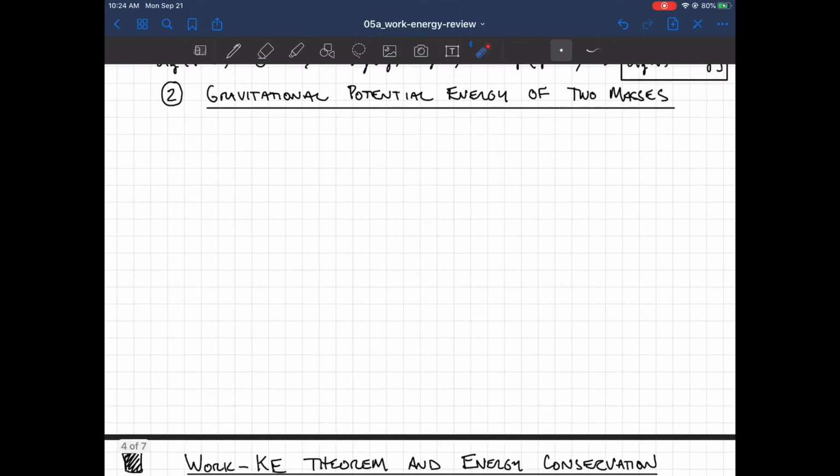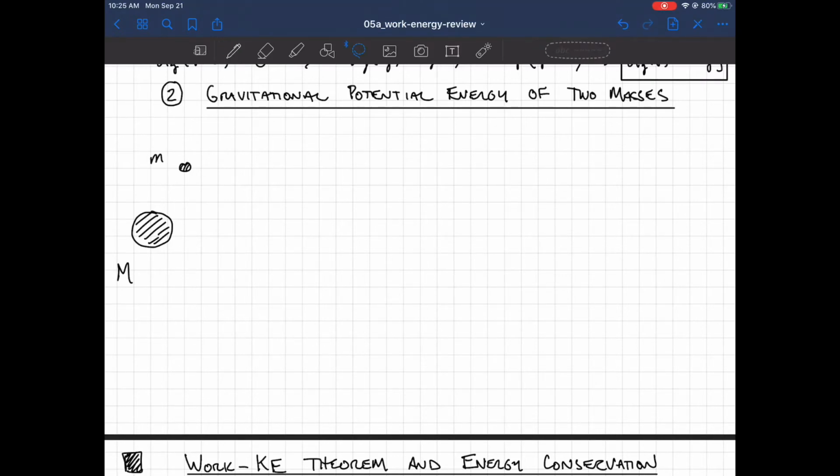So let's do a more complicated example. And this is a useful one because it translates over almost exactly to the case of two charges. So what we're going to talk about is the gravitational potential energy between two masses. So I'll talk about a big M and a little m.